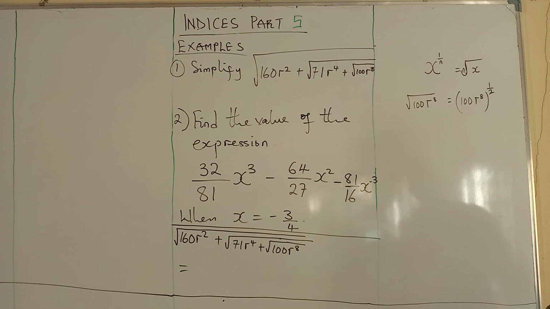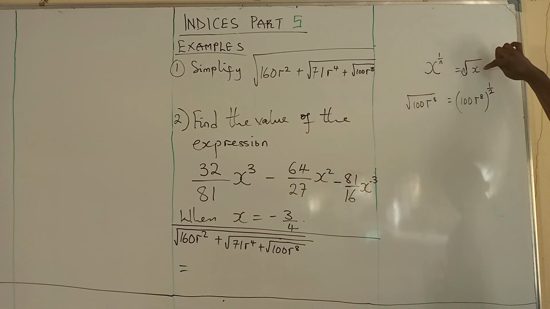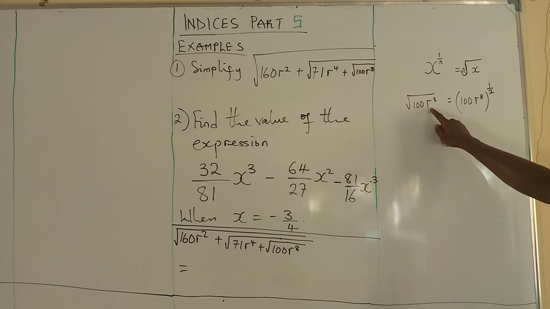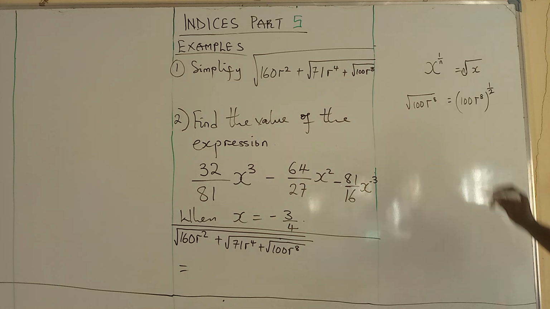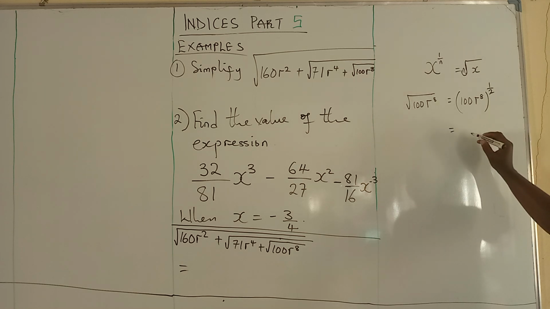As x raised to power 1 over n is the same thing as the nth root of x. So this raised to power 1 over 2 is the same thing as the square root of this, which means that 100 can be written as 10 raised to power 2.